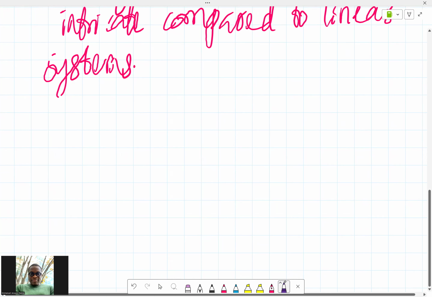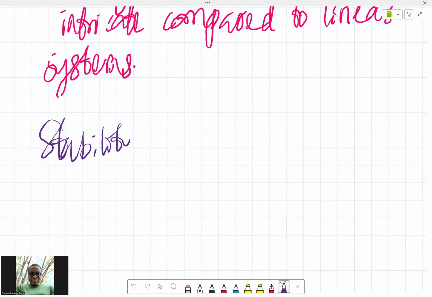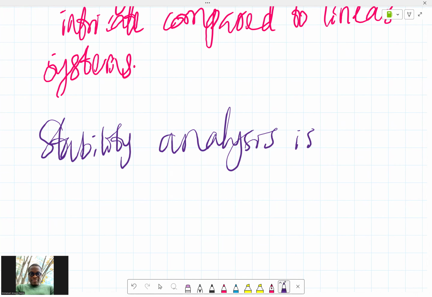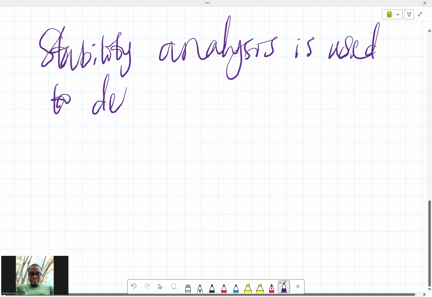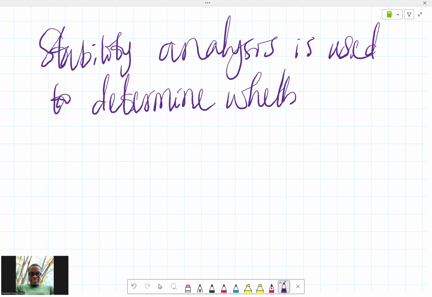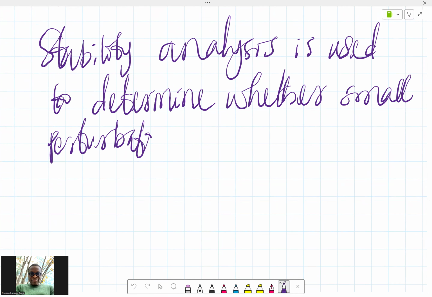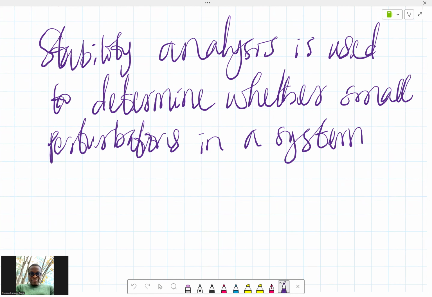So let's talk about stability analysis. We're talking about nonlinear systems and stability analysis, which we already have a bit of an idea on. Stability analysis is used to determine whether small perturbations, that is, when you change things a little bit in a system, will decay over time.